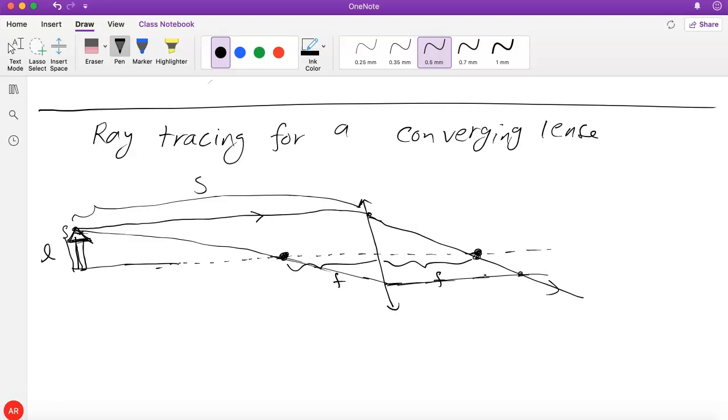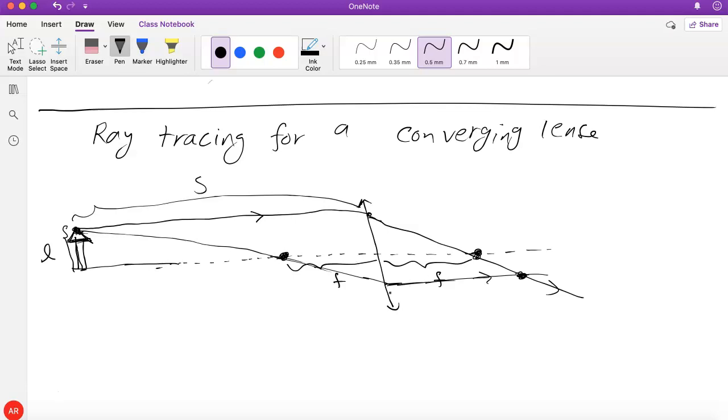Okay, so there's going to be this point over here where these two rays cross. And that point forms a sharp image, so if all the rays that are emitted from this point as they go through the lens end up at one point, it has to be this point because two of them cross at that point. Okay, so let's first try to figure out where that point is.